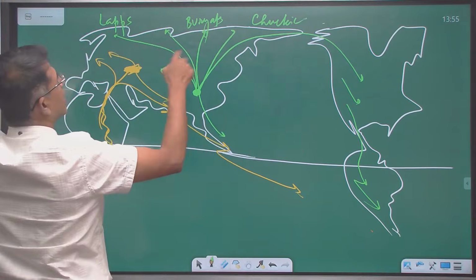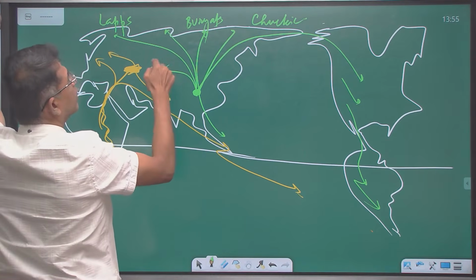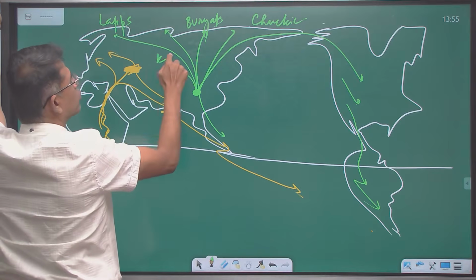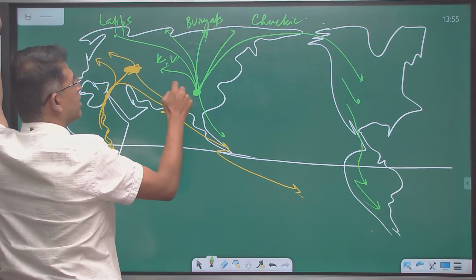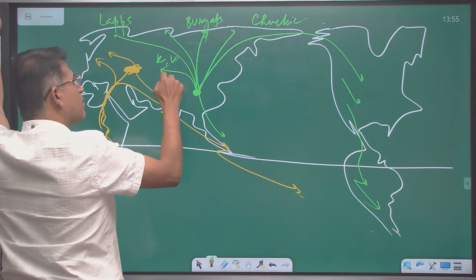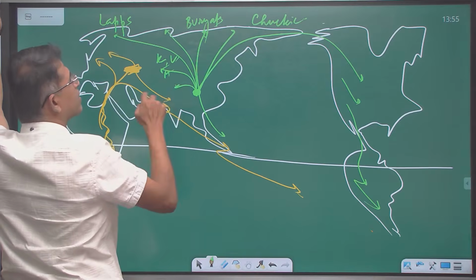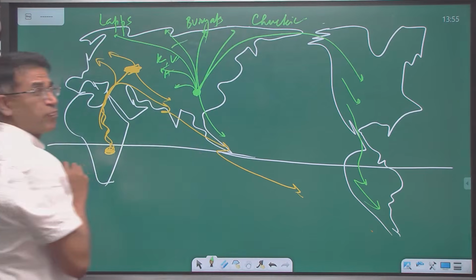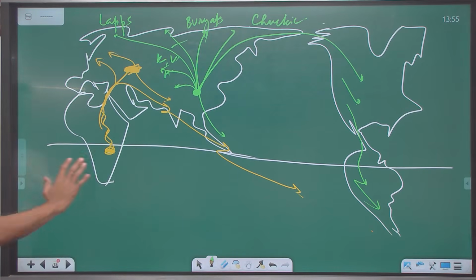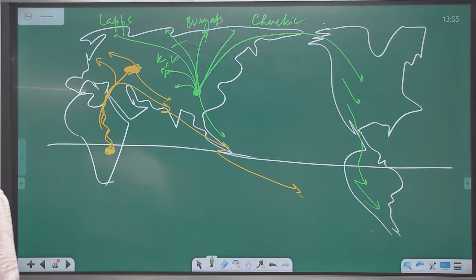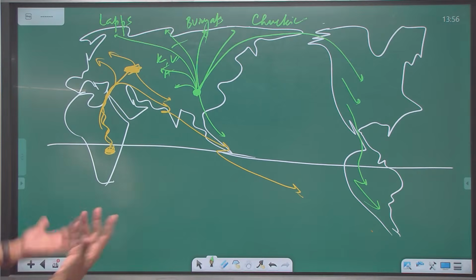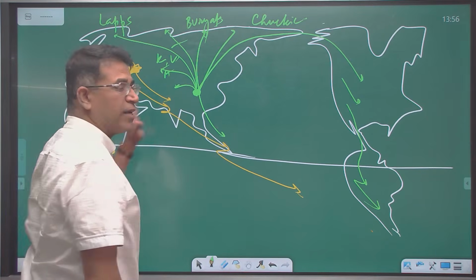We have Kazakhs, Uzbeks. If you know about Xinjiang province, Afghanistan maybe. If you look at parts of Tibet, it's the Mongoloids. And these Mongoloids are different from these populations. In fact, Mongoloids are the most widespread population of the world.